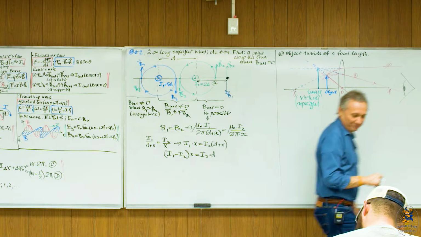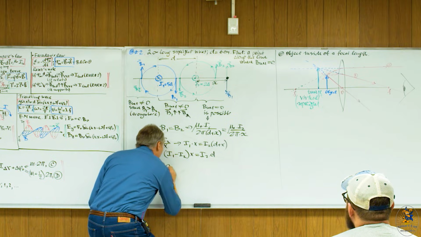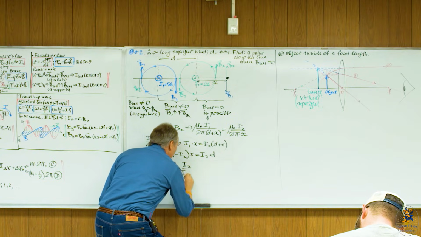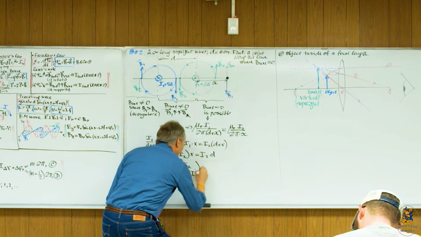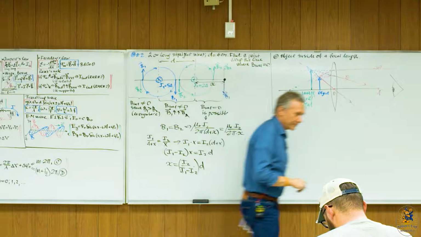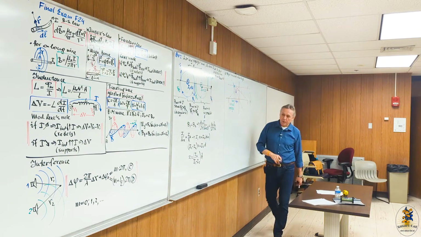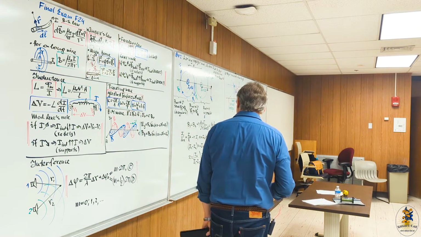So now x equals I2 divided by the difference between the values of these currents. Whenever I see a minus downstairs, it makes me feel uncomfortable, but in this case it's true.